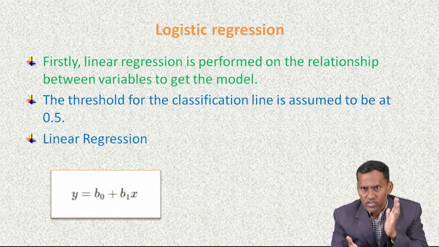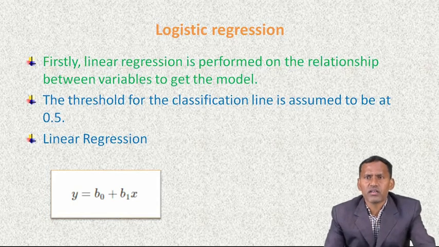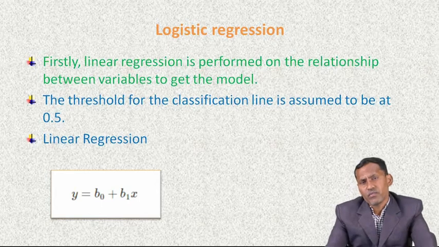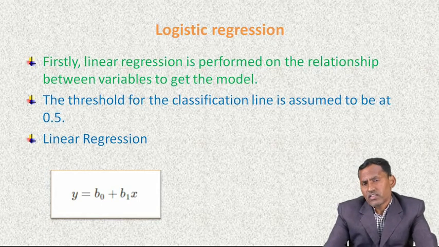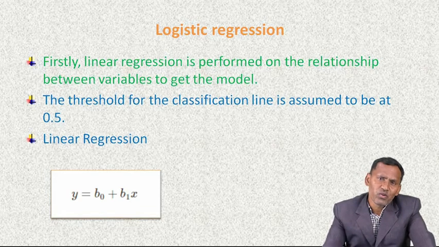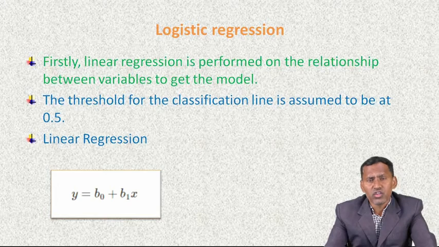How can we convert this continuous value into discrete? By using the sigmoid activation function, we can convert the continuous output into a discrete or categorical value.